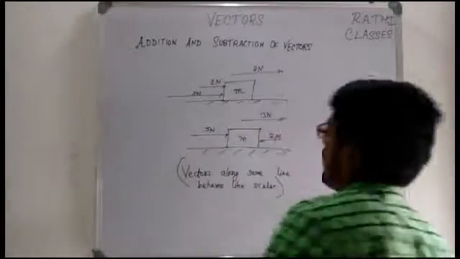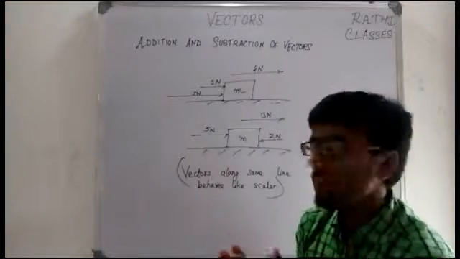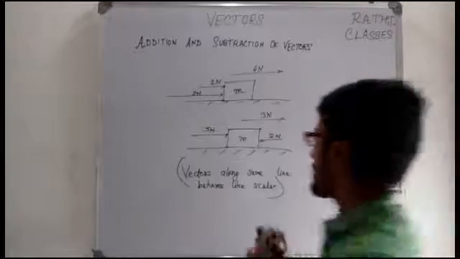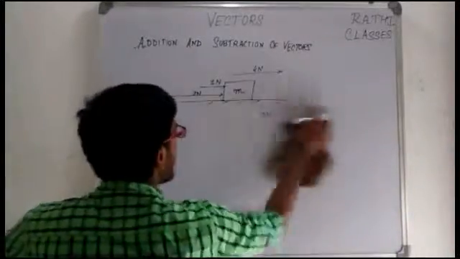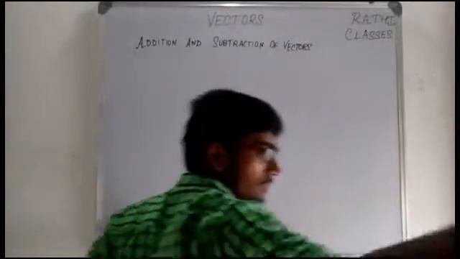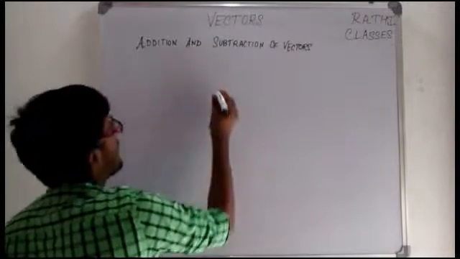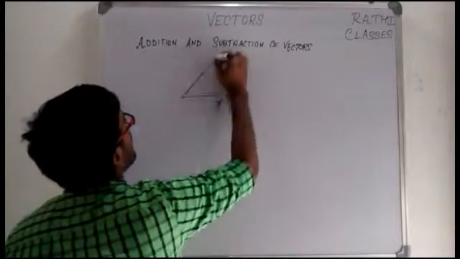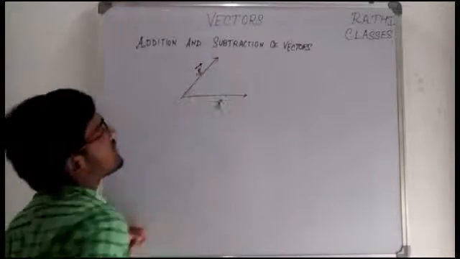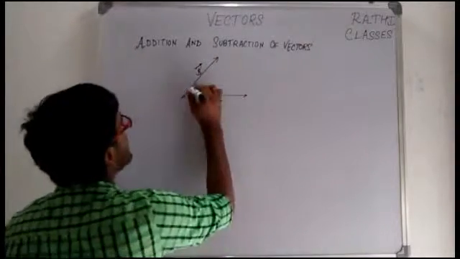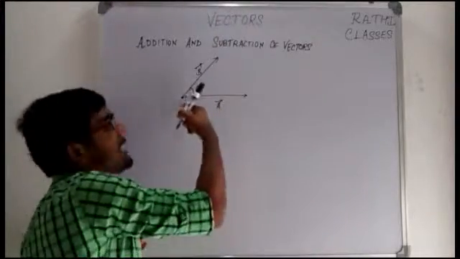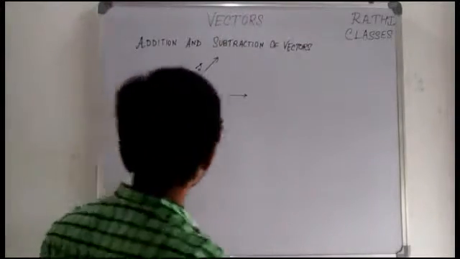Now, let's say there are two vectors which are inclined to each other at an angle theta. If we have two vectors, vector A and vector B, and let's say these two are inclined to each other at an angle theta, where theta is the angle between the two vectors when their tails coincide. I discussed this.